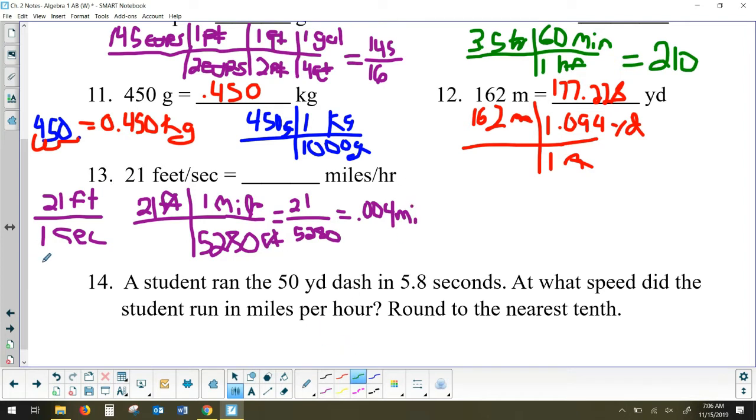Okay, now we also have to take our seconds, though. We need seconds to be in hours. So we have 1 second. How many seconds are in a minute? You have 60 seconds.